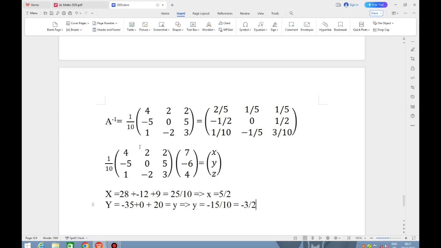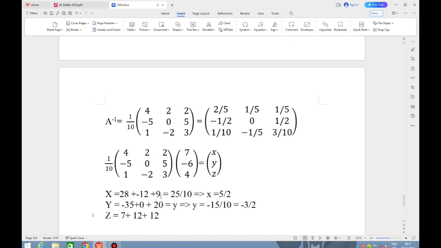And finally the value of z is equal to 1 times 7 is 7, negative 2 times negative 6 is 12, 7 plus 12, and 3 times 4 is 12.